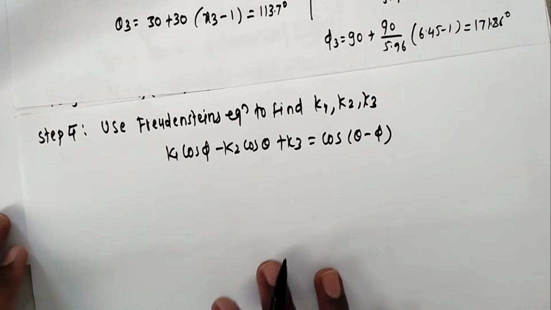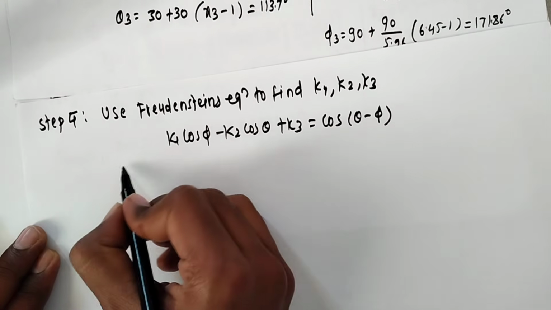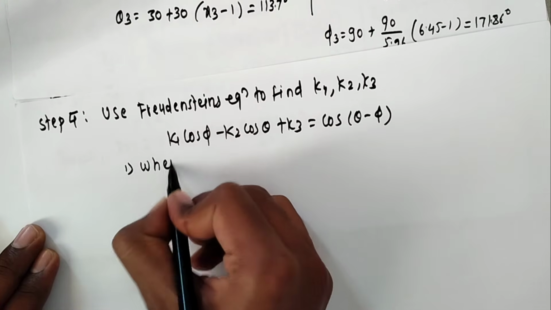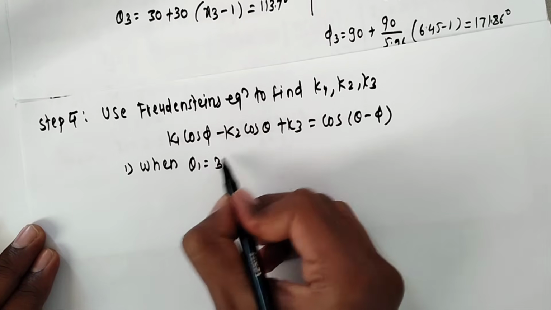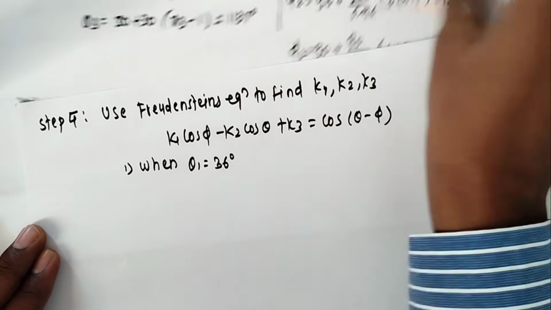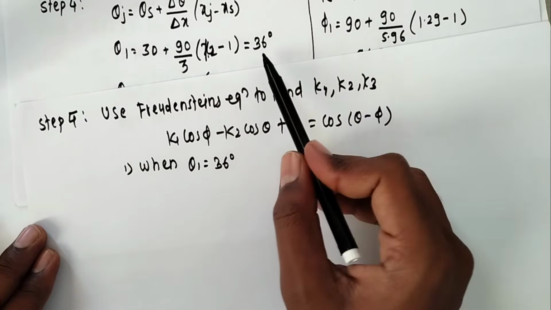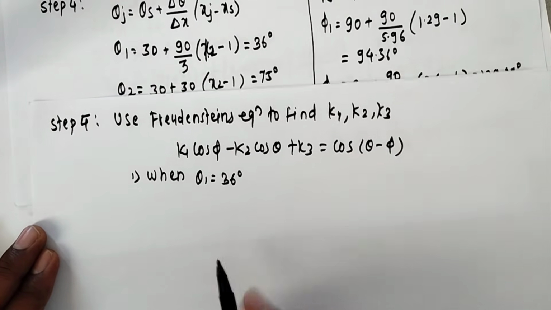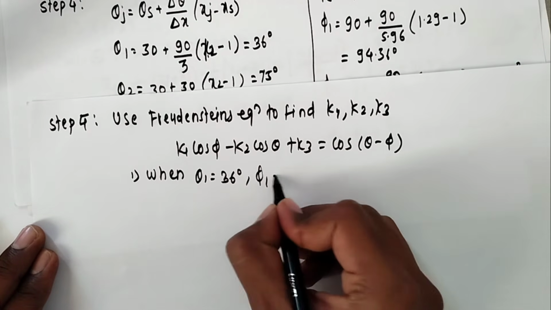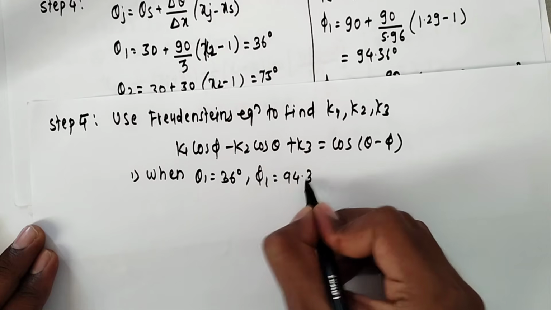So for the first position, theta is equal to theta 1, which is 36 degrees, you can check here, and phi 1 is 94.36 degrees.